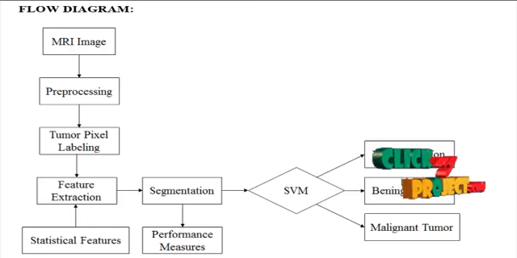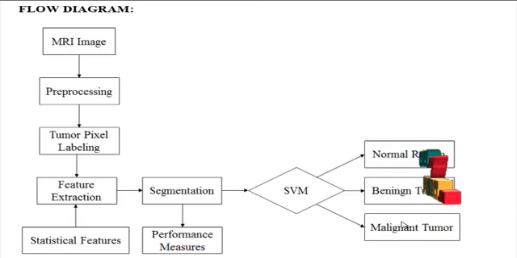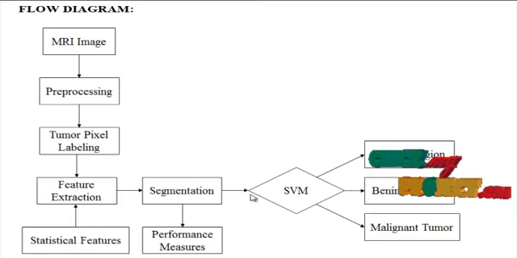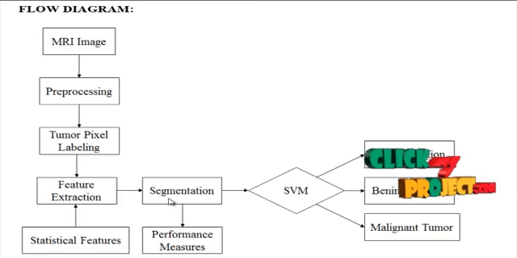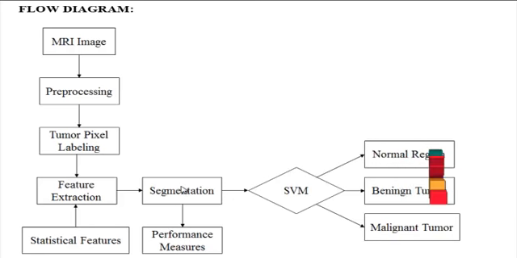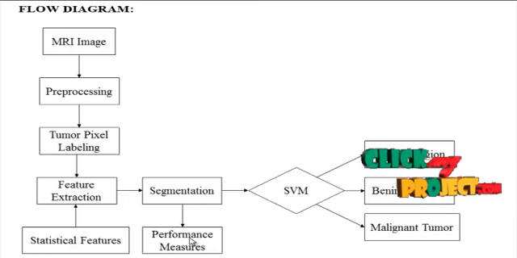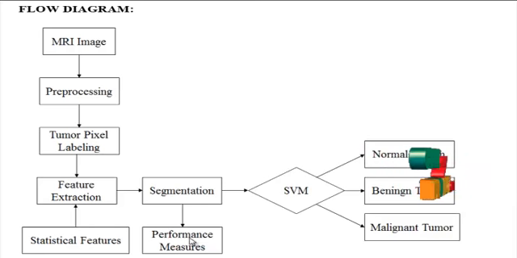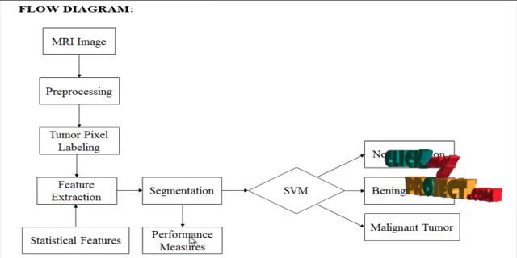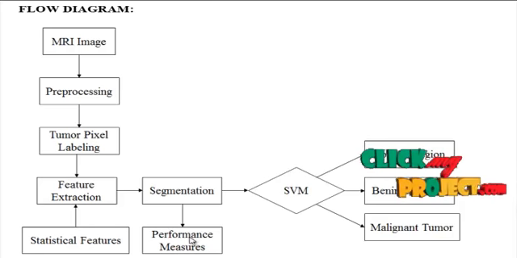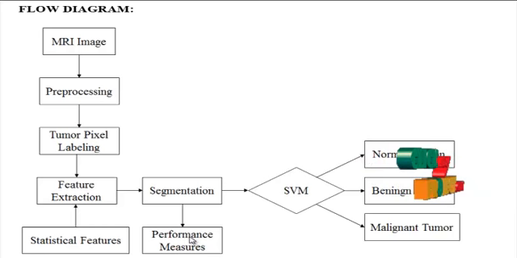After that, the benign and malignant tumors were represented in different representations, and based on that, the segmentation is done. After this, the overall performance of the process is measured in terms of accuracy, sensitivity, and specificity.